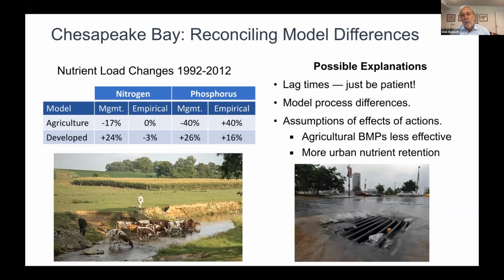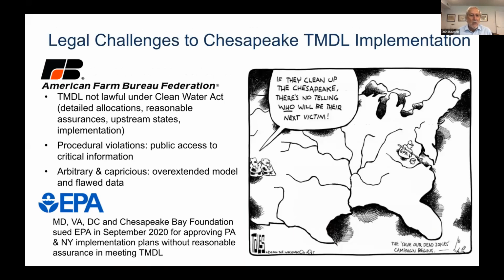And then also, it could well be that the BMPs aren't as efficient as we assumed in the model world. And the other thing which is intriguing here is that these stream flow data, and there's other data that suggests this is true, show that there's somehow more urban nutrient retention than we thought is taking place, that we need to understand.